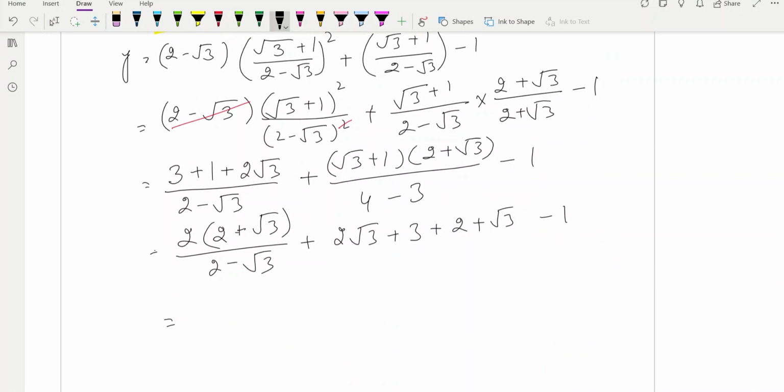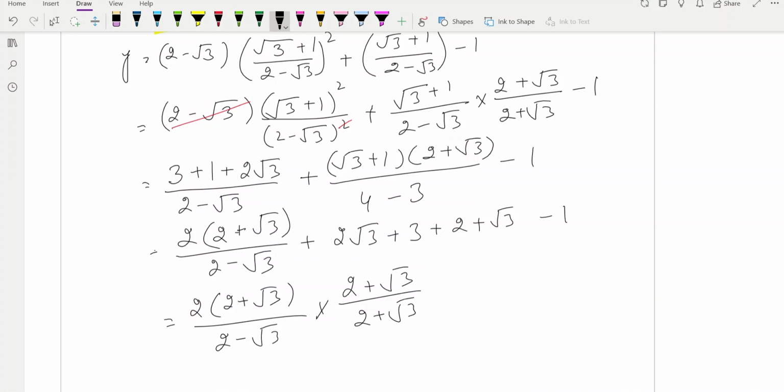We can rationalize the first term, and we can write 2 into (2 + √3) over (2 - √3), and this will be (2 + √3) over (2 + √3), and this will be plus 2√3 plus √3 will be 3√3, and 3 plus 2 will be 5, 5 minus 1 will be 4, so plus 4.